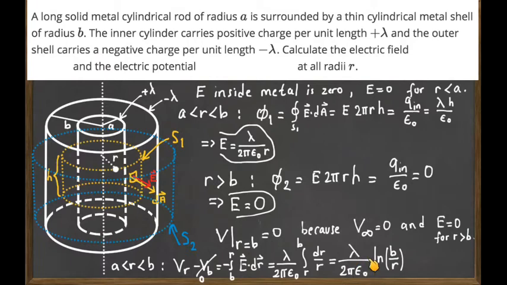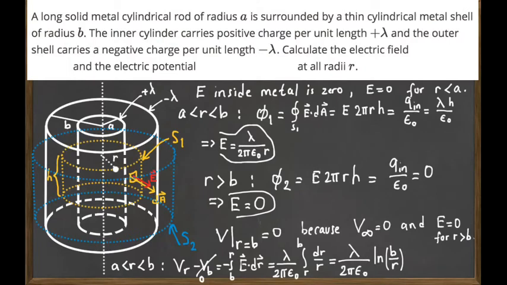we will have the final expression lambda divided by 2 pi epsilon 0 times the natural logarithm in parentheses B divided by R, where R is the point in between these two cylindrical shells. And of course the rest is what is the potential of any point on the surface of this inner metal cylinder.